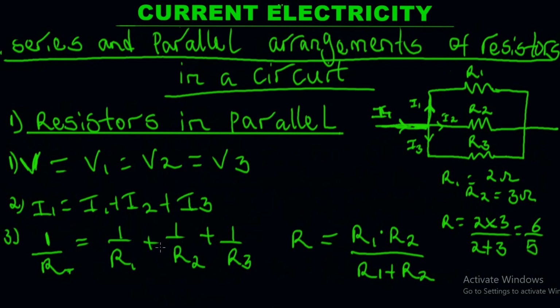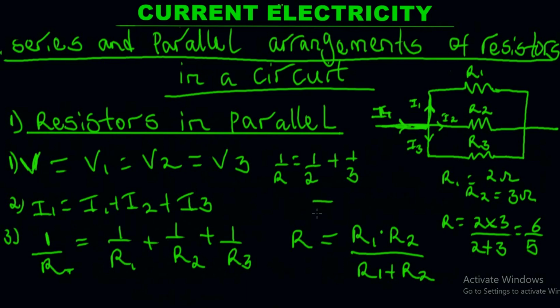If we were to use the other formula, we'll still get something like this. So let's try it out. We'll have 1 over RT, or you could just use R, it doesn't matter. You know that's the effective resistance. So this is 1 over 2 plus, R2 is 3, 1 over 3.